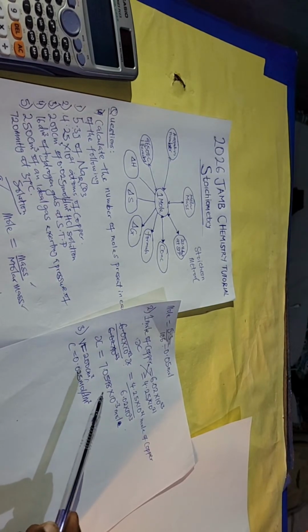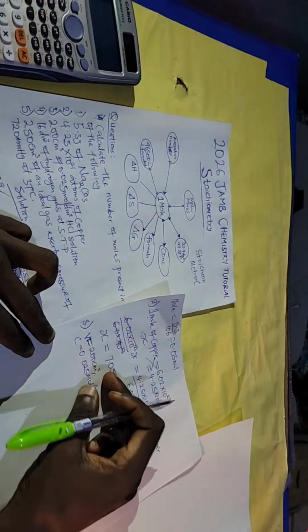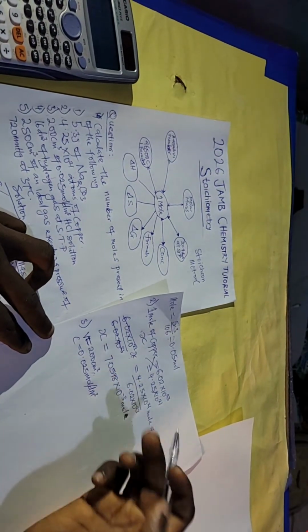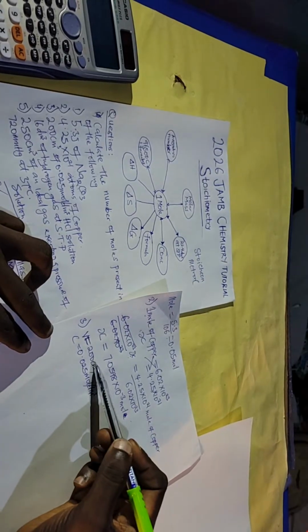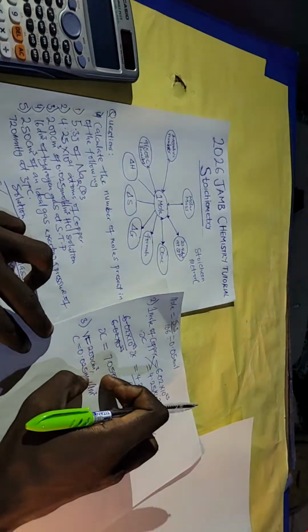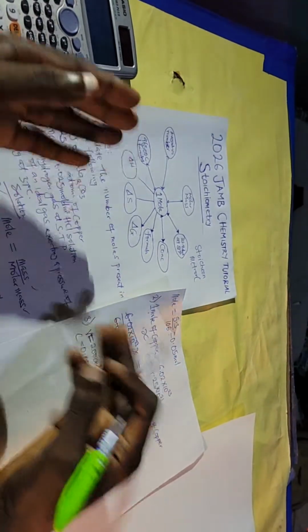To dm cube. Now I will give you an assignment, let me just say an exercise to do. Whenever you are converting from cm cube to dm cube, you can go home and do a little research on how to convert from one to another.